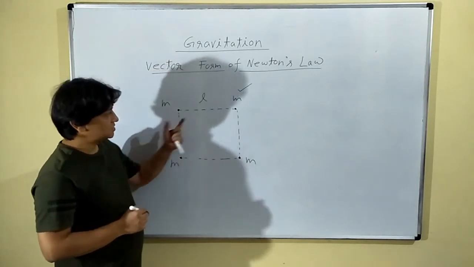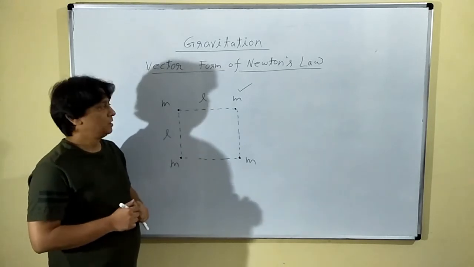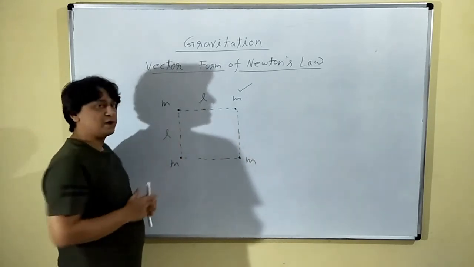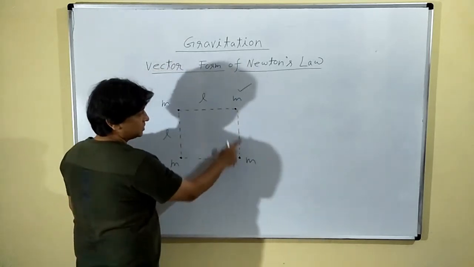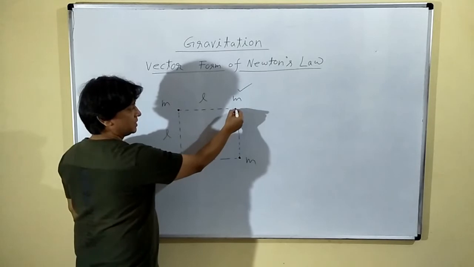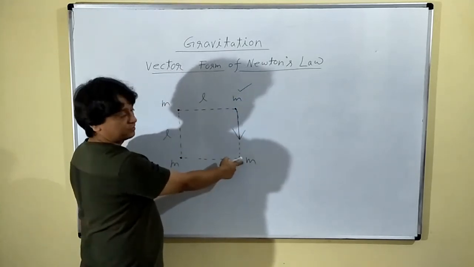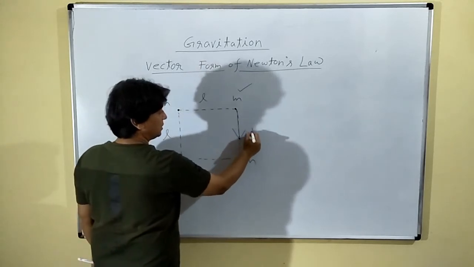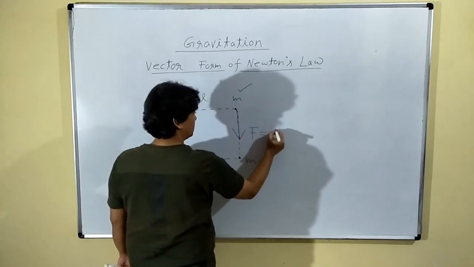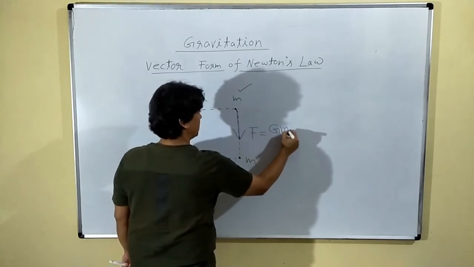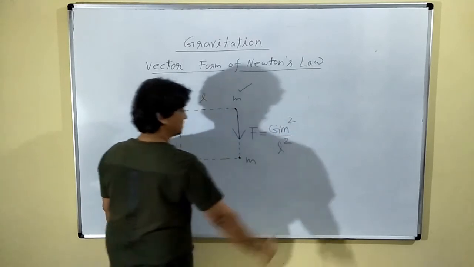Draw all the forces that the point masses are applying on this fourth point mass in this figure. So we said this M is going to pull this M in this direction, towards itself, with magnitude F. What is F? G M square upon L square.